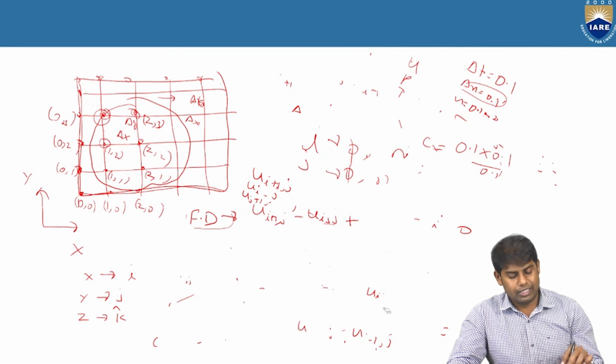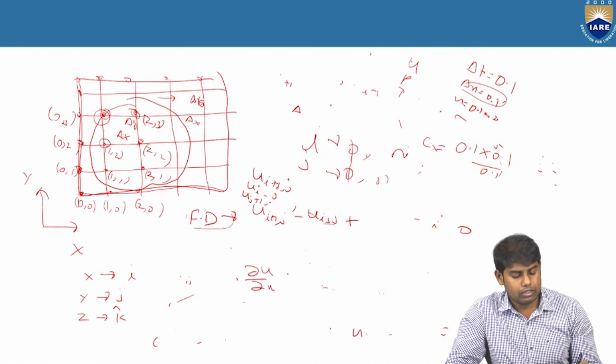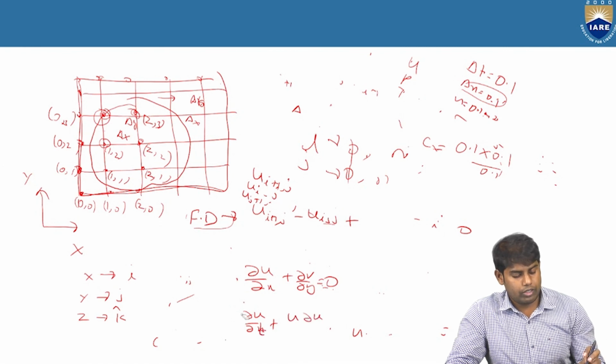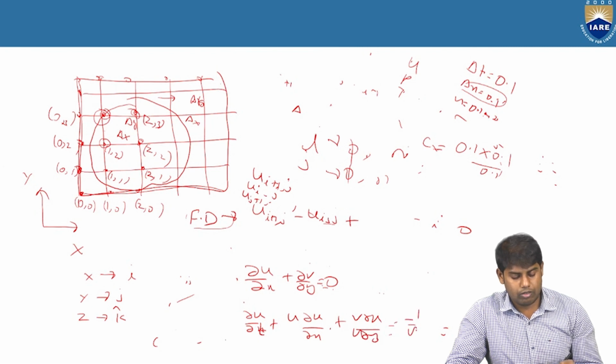Okay. Why we are doing these things is because you have partial differential equations in the governing equations, so those terms are partial derivative terms. So du by dx plus dv by dy is equal to 0. And let's say du by dt, u into du by dx, okay, plus v into du by dy is equal to minus 1 by rho dp by dx.